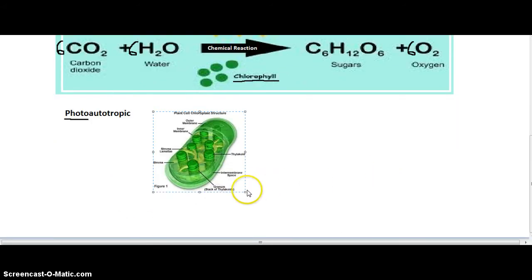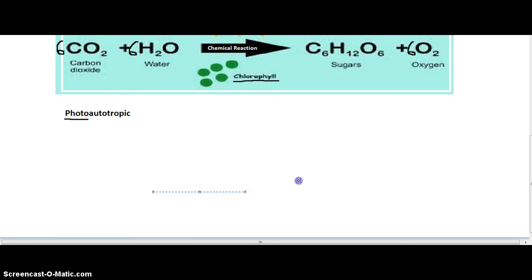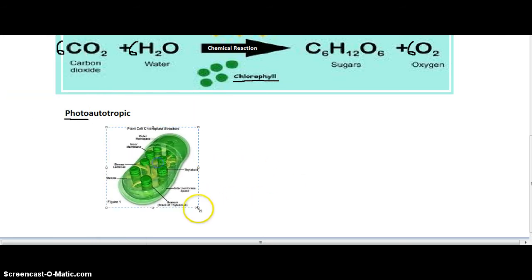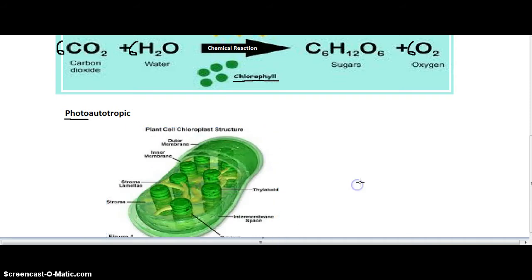Now, plants are multicellular, eukaryotic organisms. And they have organelles. And the organelle of photosynthesis is chloroplast. So this whole chemical reaction takes place in chloroplast. So there's that. What else do you need to know?